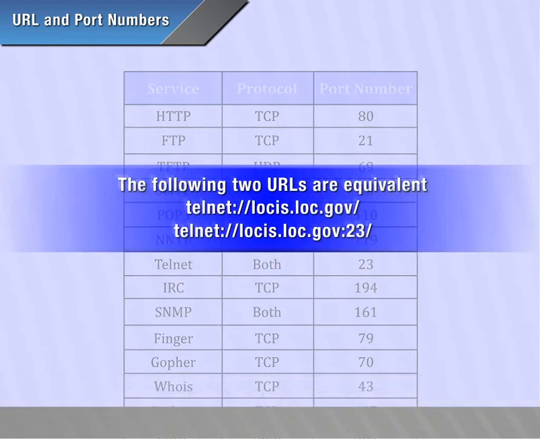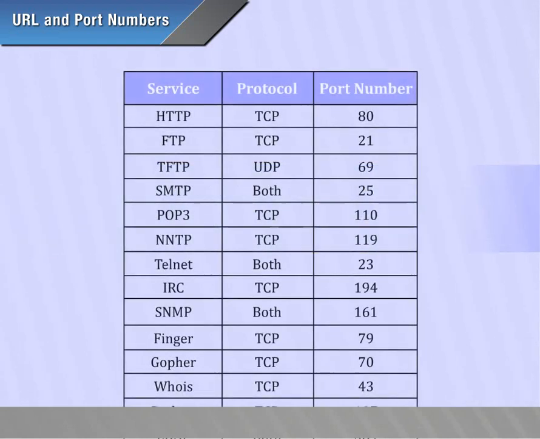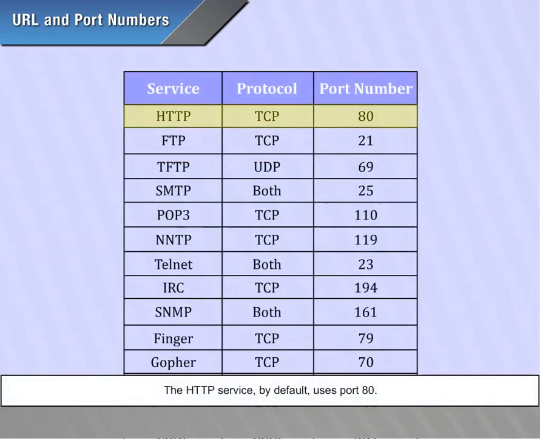The following two URLs are equivalent: telnet://locis.loc.gov/ and telnet://locis.loc.gov:23/. The HTTP service by default uses port 80. Similarly, the Gopher service uses port 70.